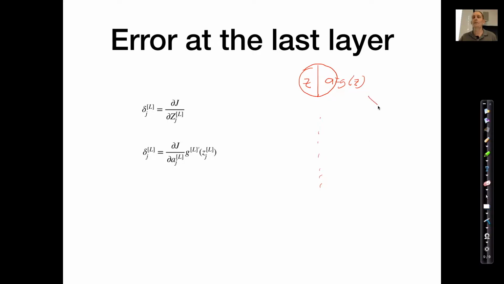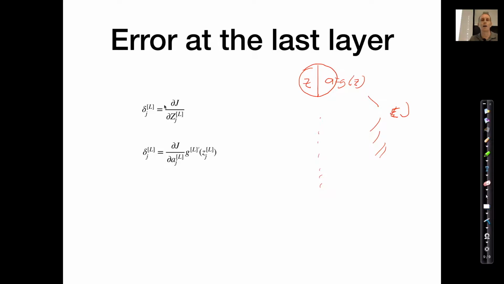And these all feed into some sort of an L, our loss function, which actually we're calling J. So what does delta of L sub J mean?